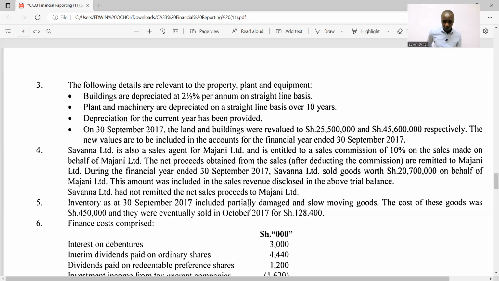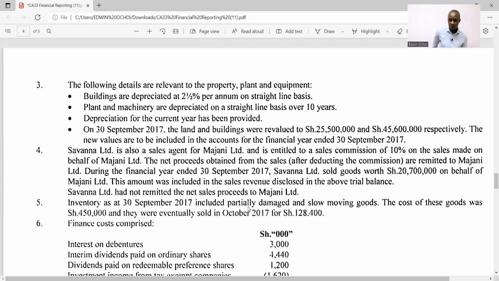During the financial year ended 30th September 2017, Savannah sold goods worth 2,700 on behalf of Majani Limited. This amount was included in the sales revenue disclosed in the above trial balance.